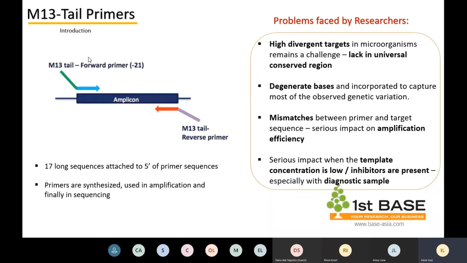When they do so, there can be mismatches between primer and target sequence. That gives a serious impact on amplification efficiency. This gets worse if the template concentration is low or there are inhibitors present, especially when it involves a diagnostic sample.